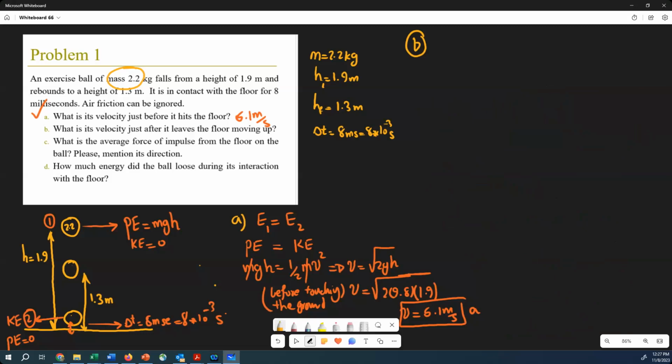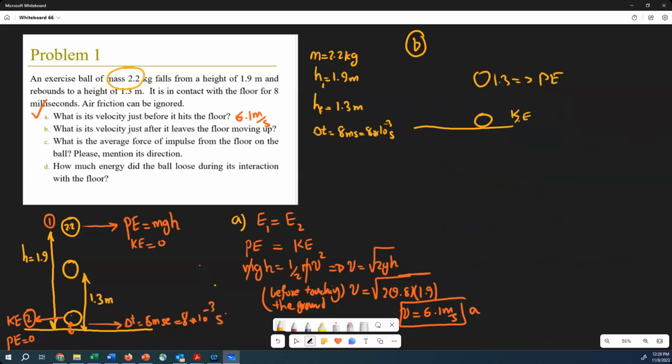So part B, because we know that when it jumps back up, the height is going to be 1.3. So what kind of energy do we have? We have a potential energy. Before leaving the ground, we will have a kinetic energy. Again, energy is conserved here.